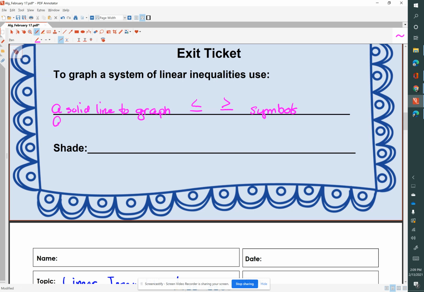Use a dotted line to graph less than or greater than symbols.